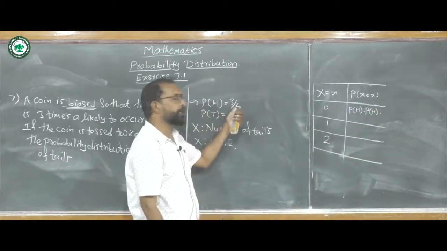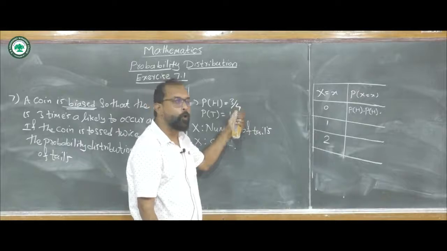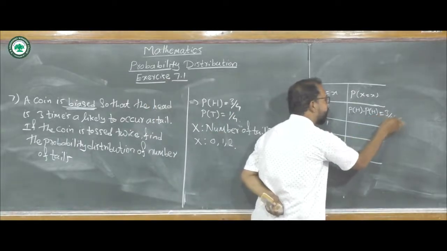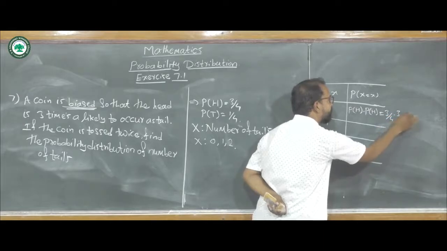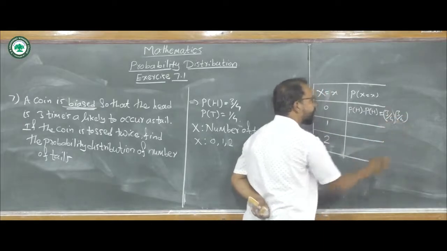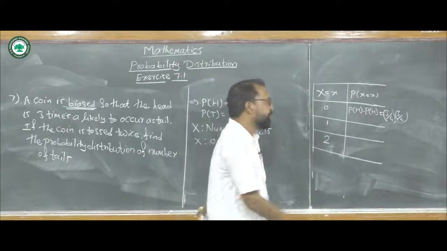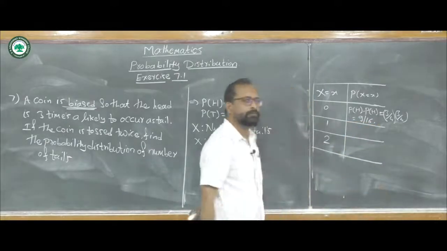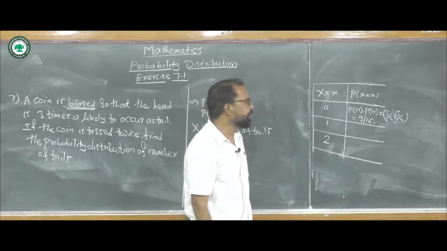The probability of head is 3 by 4, so it becomes 3 by 4 into 3 by 4, which is 9 upon 16.